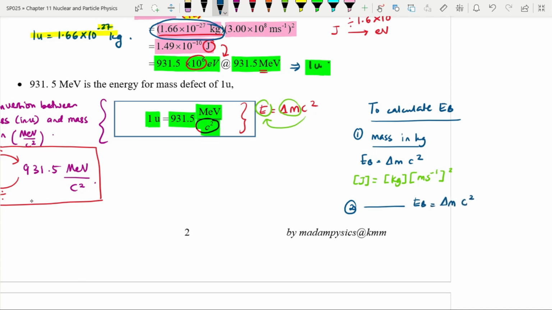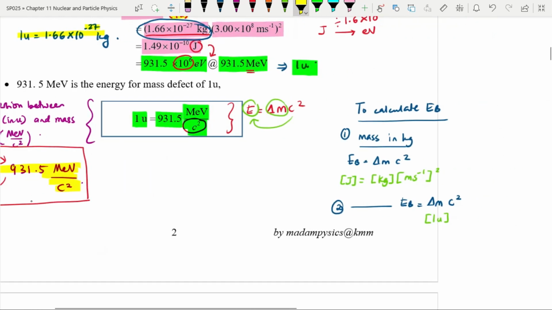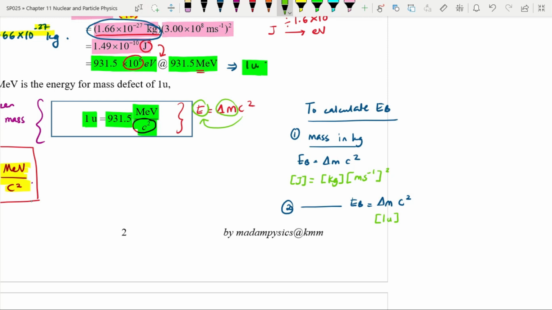Kita masukkan nilai M kita dalam unit U. Okay, katakanlah dia adalah 1 U. Okay, so apa yang kita nak buat adalah kita cuba convert terus menggunakan conversion ini. Kita masukkan mass dalam U tapi kita nak terus pergi kepada energy. Okay, so maksudnya kita kena times with 931.5 MeV over C square.